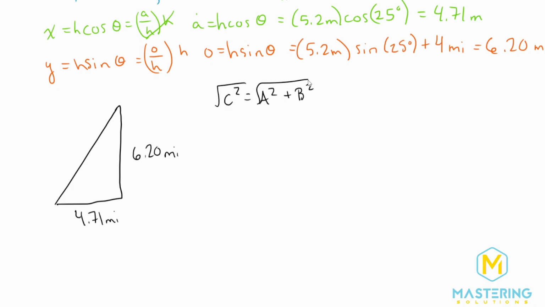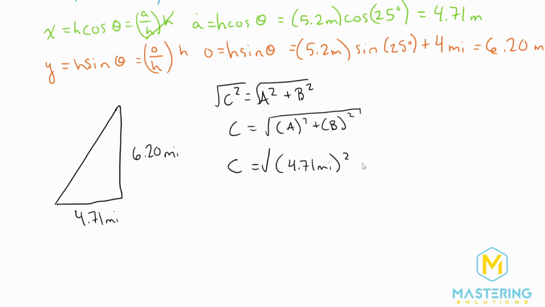Isolating c by square rooting both sides, c is equal to the square root of a squared plus b squared. And so now when we plug that in, c is equal to the square root of 4.71 miles squared plus 6.20 miles squared.